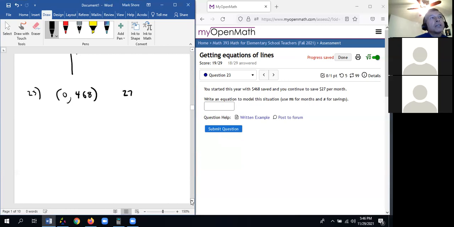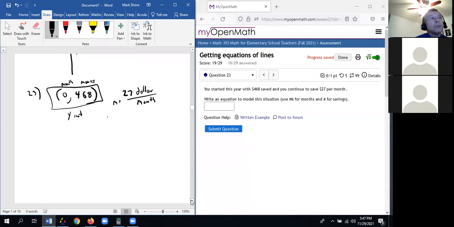So $27 per month. Well, guess what? It's just like the last problem. Here is the y-intercept. Y-intercept there, because it's 0 months at the start. 0 months. This is the amount of money that you got, $468. And then you continue to save, adding on to it $27 a month. That's your slope, is right there.